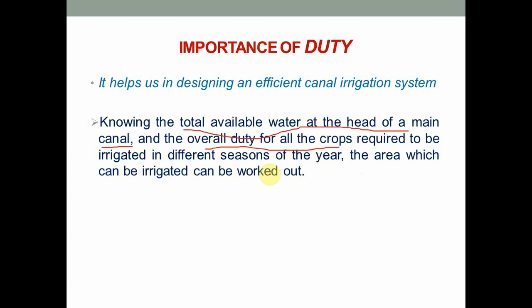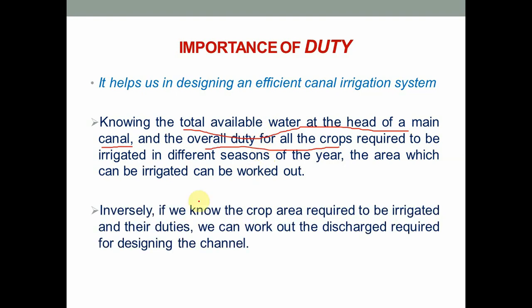So if we have a canal irrigation system available, and we know the head and discharge of water available at the main canal, and we know the values of duty for all the crops which are required to be irrigated in the region, then the amount of area which can be irrigated can be calculated.